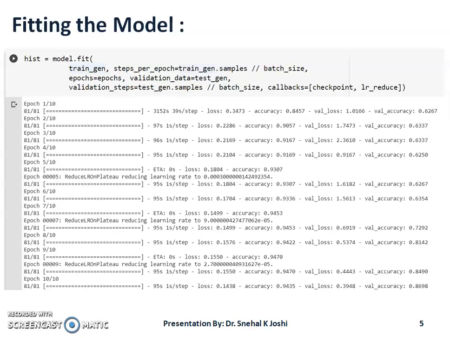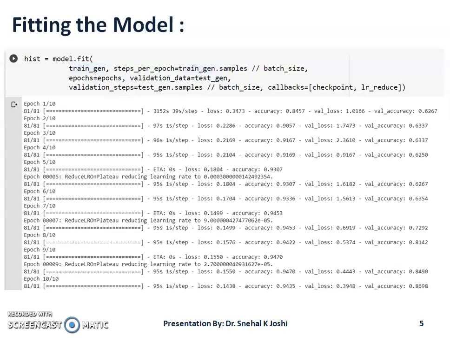Some research claims that there is an optimal batch size for the best result, which could be found by investing some time in hyperparameter tuning. We are fitting the model on the training data set, which is available in TrainGen. Our validation data set is in TestGen.